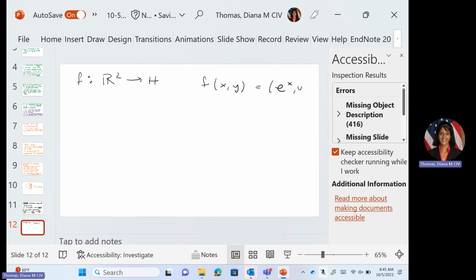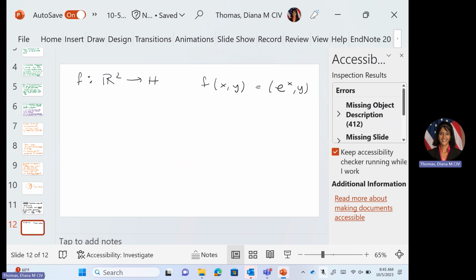The first function that takes you to the right side of the plane is just keep the y values the same, but let the x values be e to the x. Then if you put in anything from minus infinity to positive infinity, you'll get the range of all positive values, and the y values just stay the same as whatever you had on R squared.